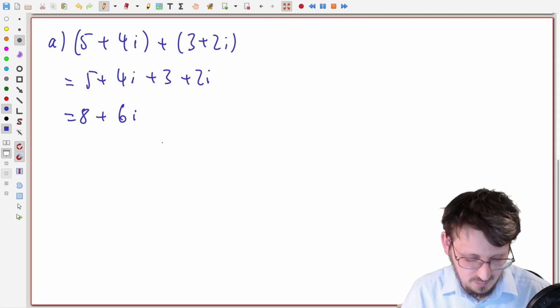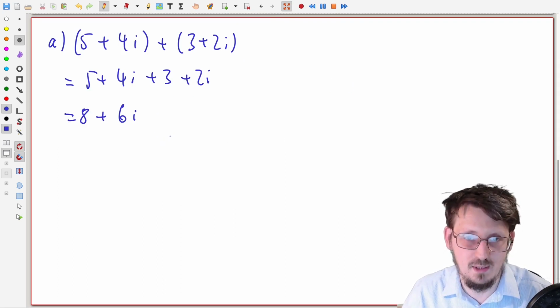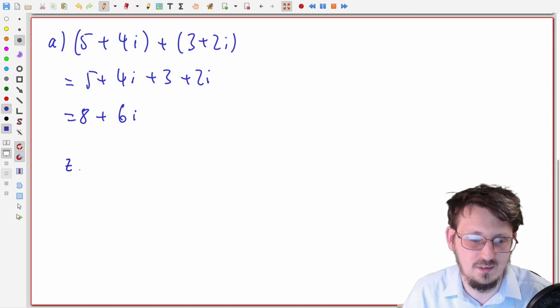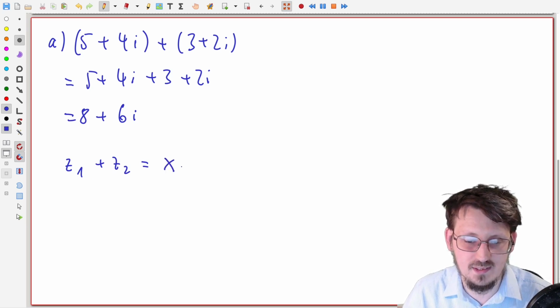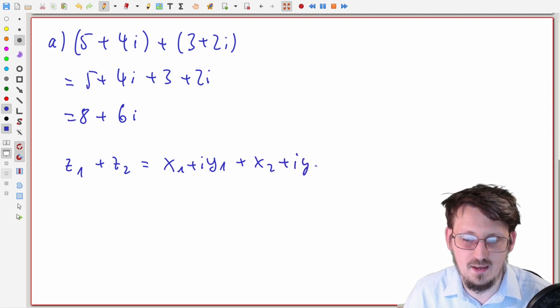Before I come to the second part, we can also write down a formula. So when we have, for example, two complex numbers, z1 and z2, and we add them up, we can replace z1 with x1 plus i y1, just variables that we insert here, plus z2, which we replace with x2 plus i y2.